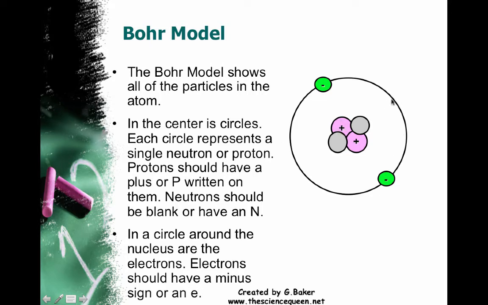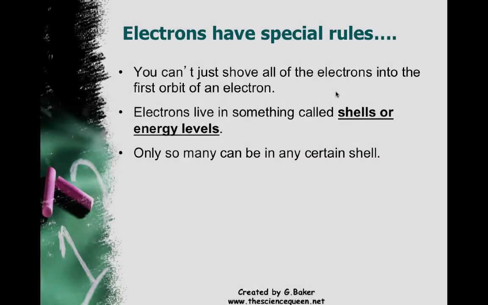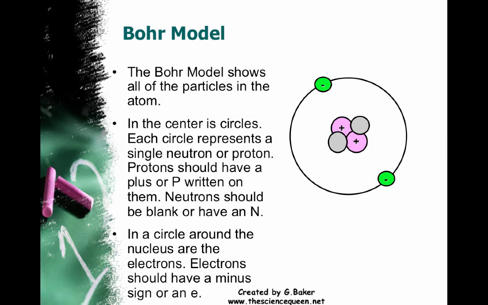Our electrons are going to orbit around in circles. There may be more than one circle, and they're either going to have a negative symbol in them or an E for electron in them. Electrons have special rules. In this one, if we had more electrons than just the two, we would need to make more energy levels outside because only a certain number can fit in the energy levels.